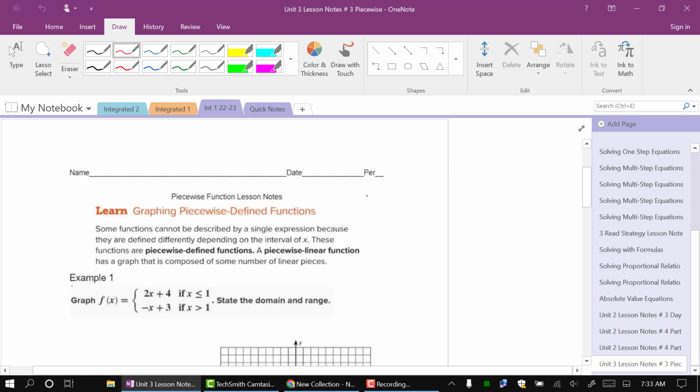Today we're going to be looking at piecewise functions. So a piecewise function has a graph that is created by many pieces.